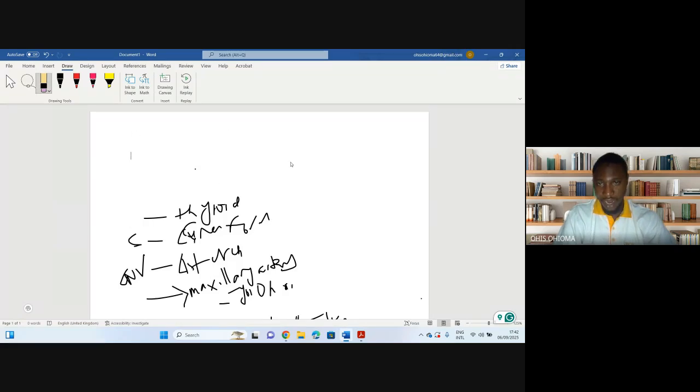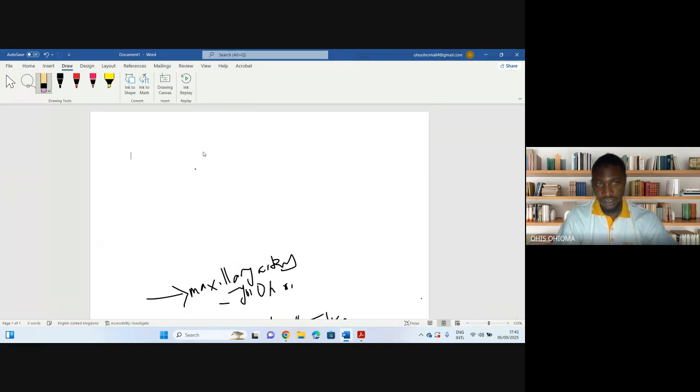The word para means to stay by the side, right? So if this is the mesonephric duct, the paramesonephric duct comes close to it, like the same axis.